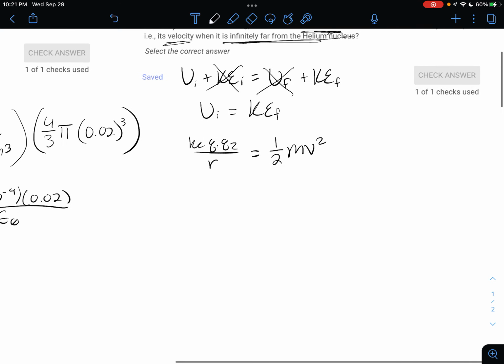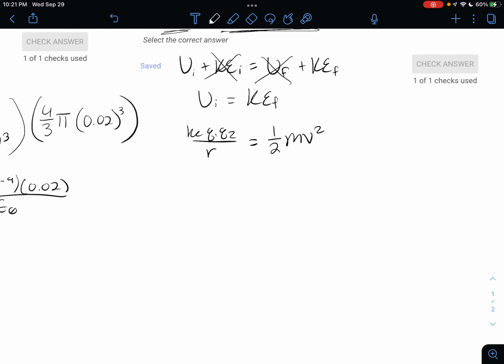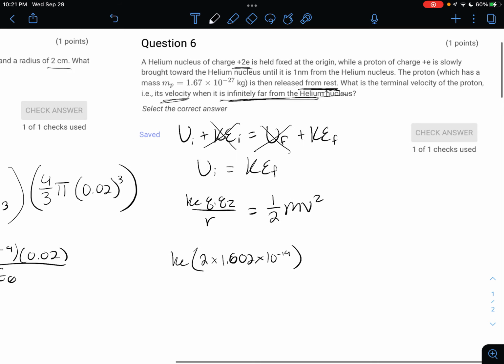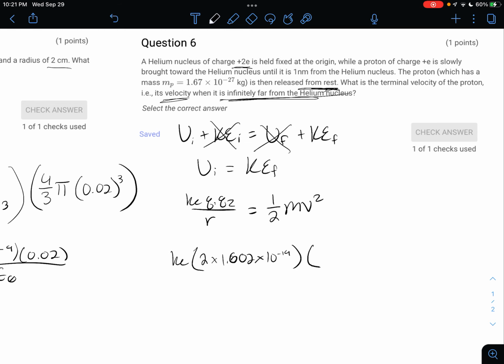Now we can plug some things in. So we get Ke times Q1, which we'll say is the helium nucleus. So that's going to be plus 2e, so that's 2 times 1.602 times 10 to the negative 19th. Almost forgot that for a second. And then that's going to be multiplied by just the proton, so that's 1.602 times 10 to the negative 19th.